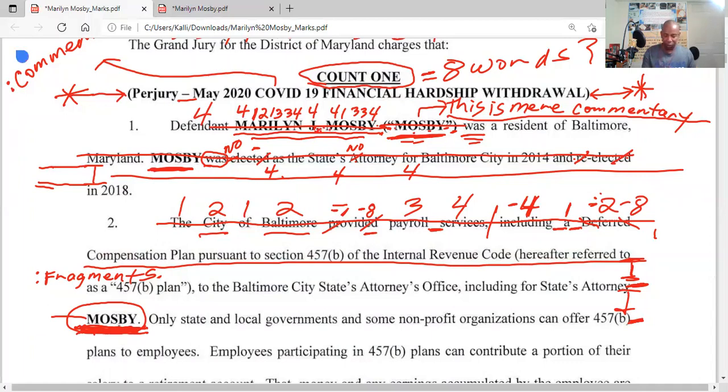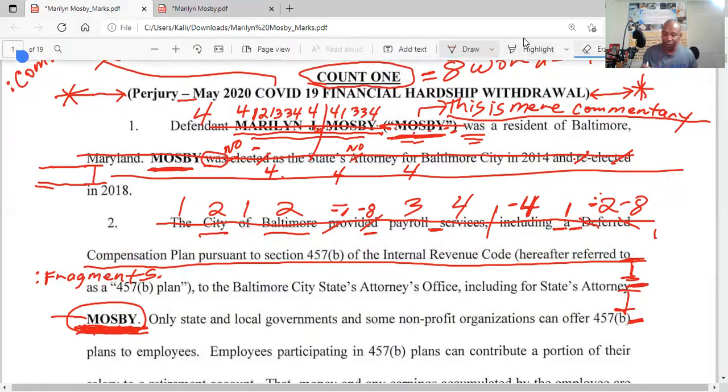And then we have another formulation here that they want us to believe is her name. So already we're looking at two different names, actually three, right? Because there's a full stop here, right? Which breaks the continuance of evidence. So this U.S. attorney wants us to read this as one name, but you have a full stop here.